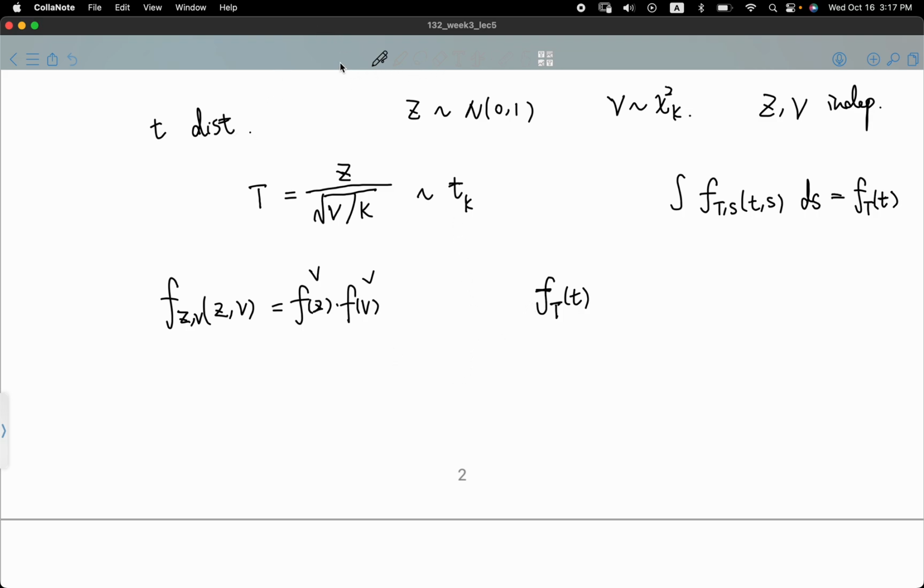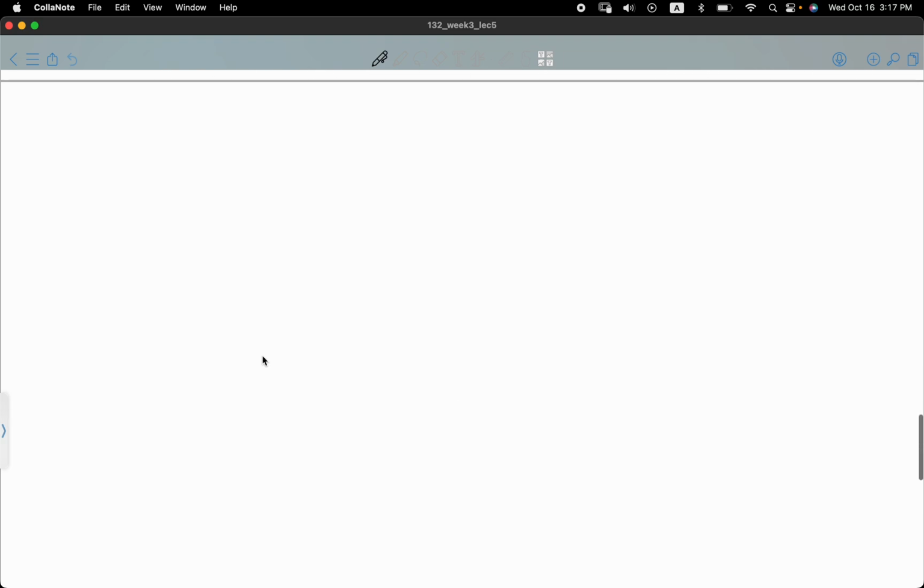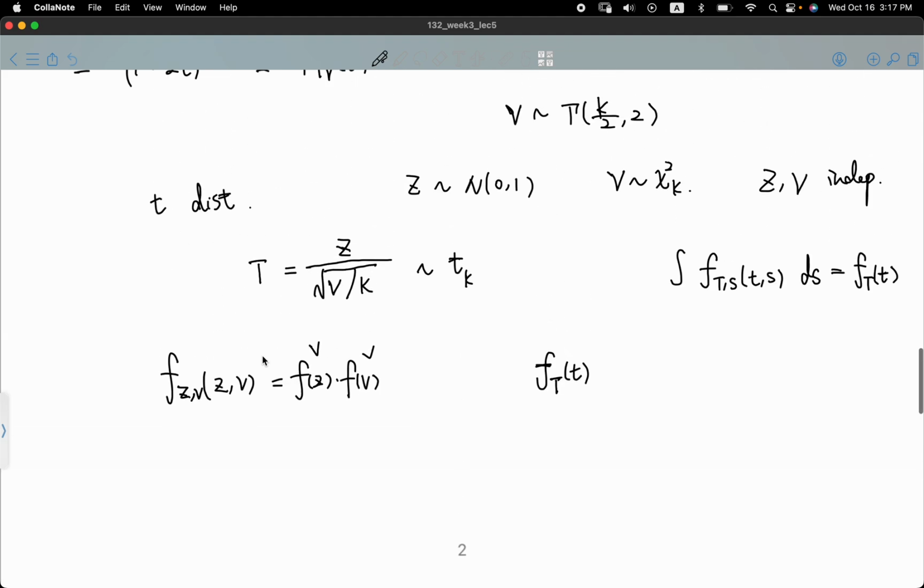So first, let's define t in this way. And then let's define s as v.